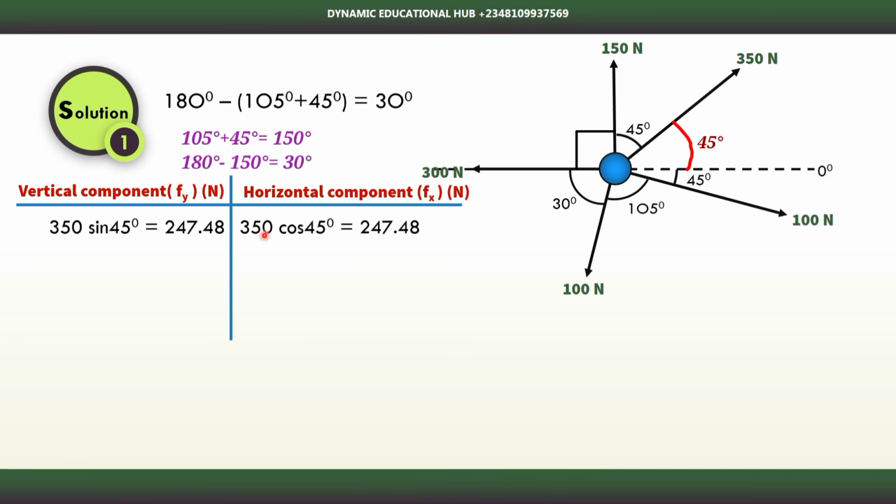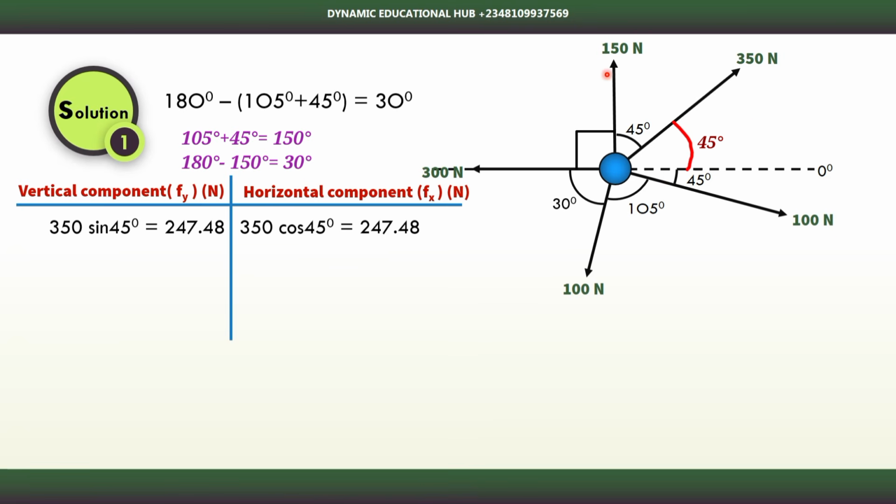Since cos 45 degrees and sin 45 degrees are the same, we are going to have the same value. It implies that when a force is inclined at 45 degrees to the horizontal and is applied to an object, when you resolve the force, it has the same effect in both the vertical plane and the horizontal plane. So that is what we have here.